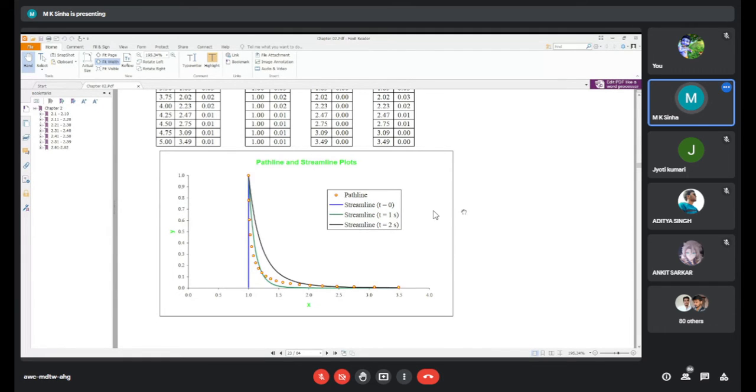For the path line, use circle points; the streamline for t equal to 0 maybe a solid line, t equal to 1 a dotted line, t equal to 2 triangle points.